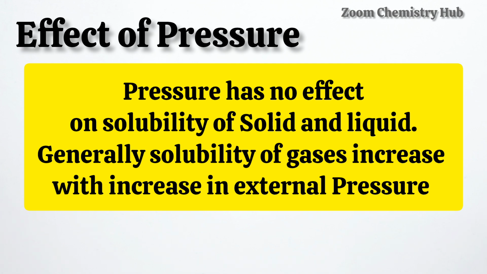Generally, the solubility of gases in a liquid increases with increase in external pressure. And at a constant temperature, the solubility of a gas in a liquid is directly proportional to the external pressure.